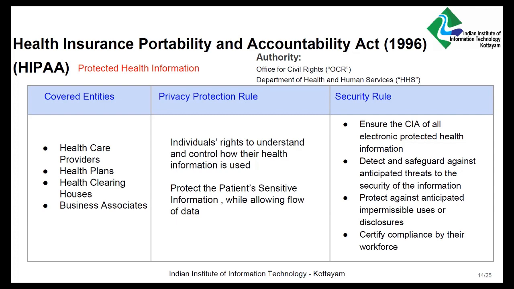It says an individual always has the right to control the data that is being given to another person, because I have the right over my data or my illness and where it should be given. And it goes on with the principle of the CIA triad. I'm sure after having heard this workshop of 5 days, you will know what the CIA triad is, right? Confidentiality, integrity, and availability. So the security rule of HIPAA is that they need to ensure the CIA.